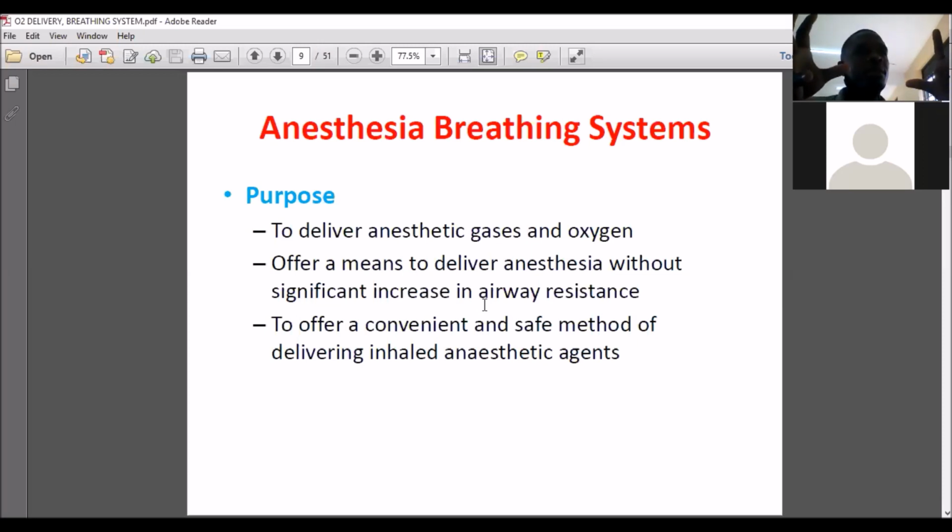So we need a system that does not have a big dead space, so that respiration can occur very well. Then, to offer a convenient and safe method of delivering inhaled anesthetic agents. That is self-explanatory. All the purposes are more or less the same, because all of them are about delivering the anesthetic agent very safely and very well.